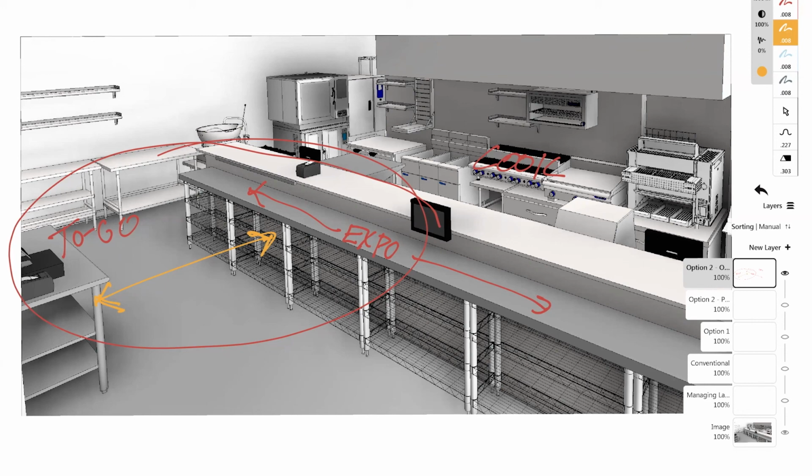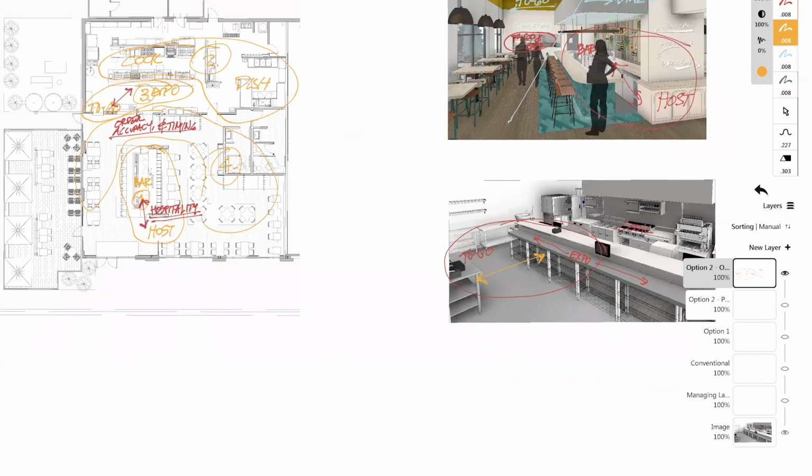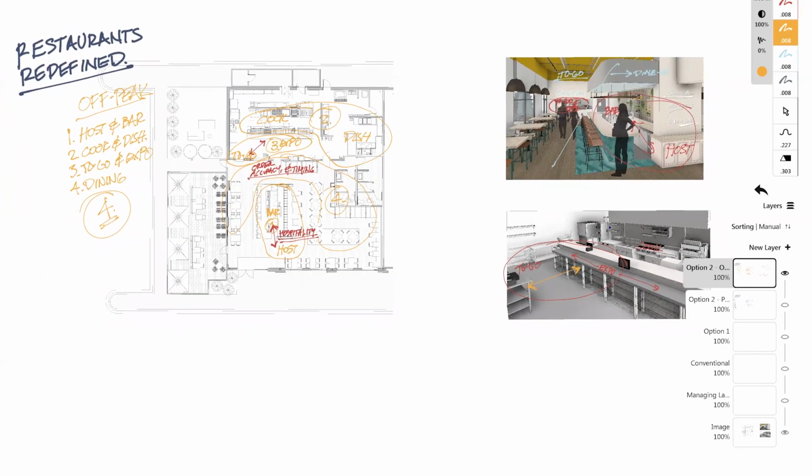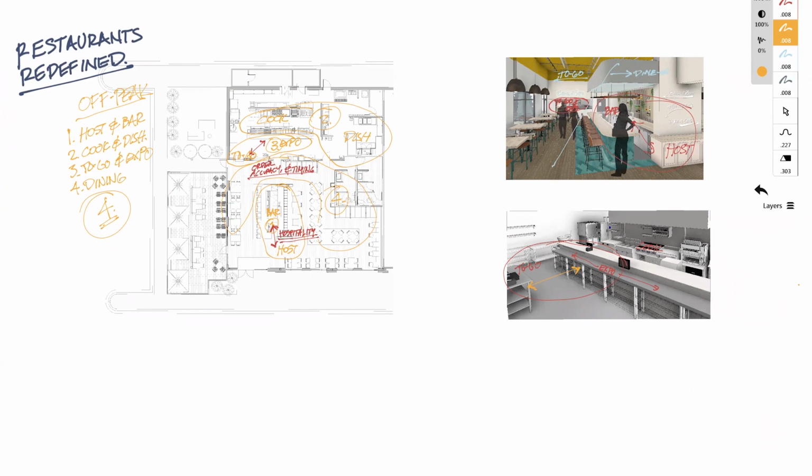They're essentially just taking 1 or 2 steps instead of walking all the way across the restaurant. This really is the key reason why in Restaurants Redefined, we've got a much better scenario to manage labor. And that's all about the key adjacencies of each of these labor centers.